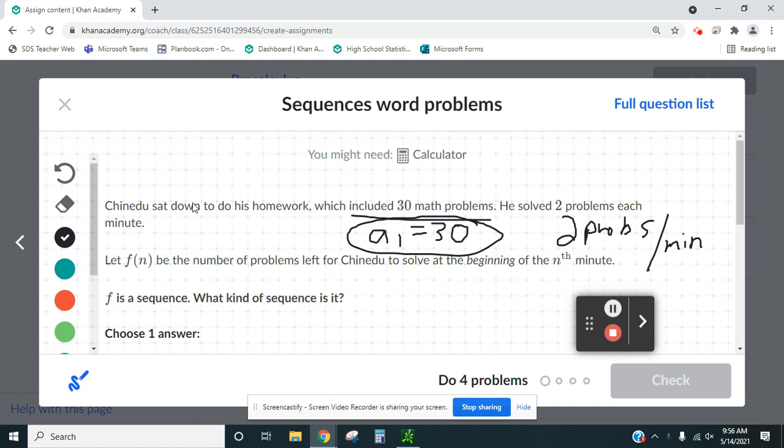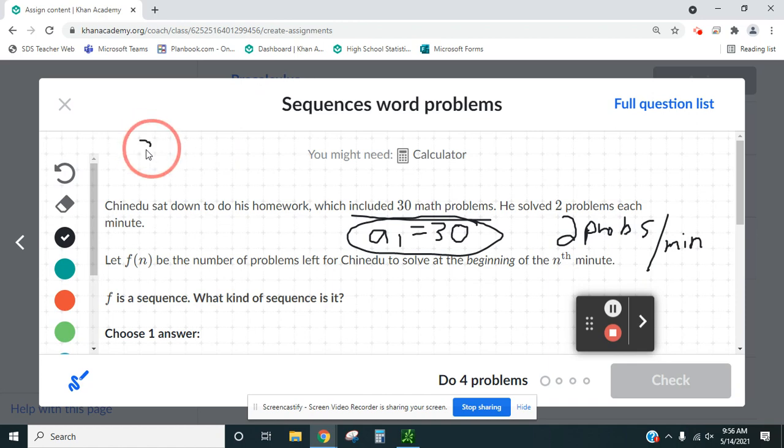Now, this bothers people, and I should say this when it's the nth minute. Let's say it's the 20th minute, and so on. Now, this one wouldn't get to 20 because what's happening? Let's sketch it out. Start with 30.